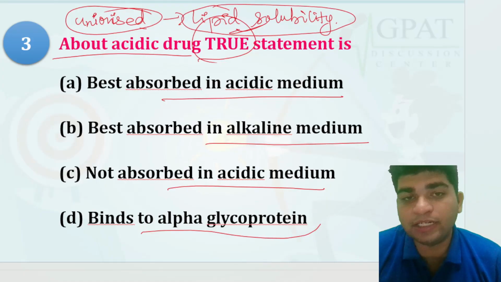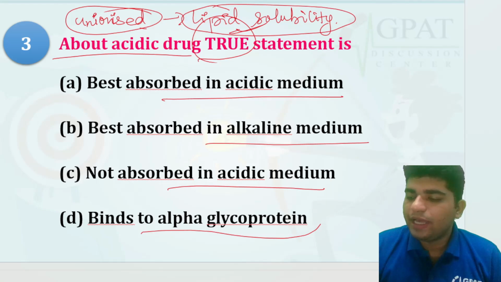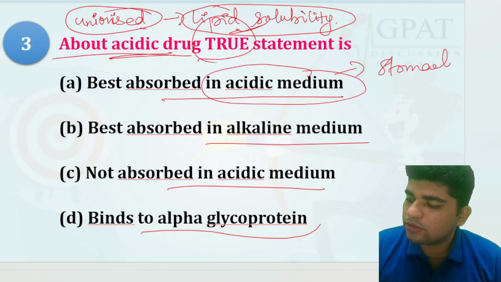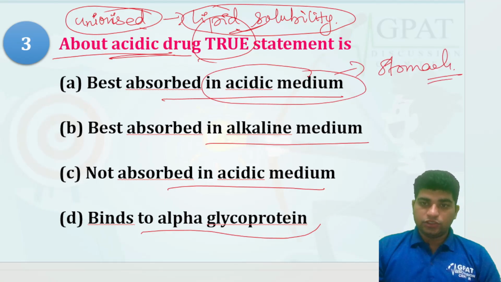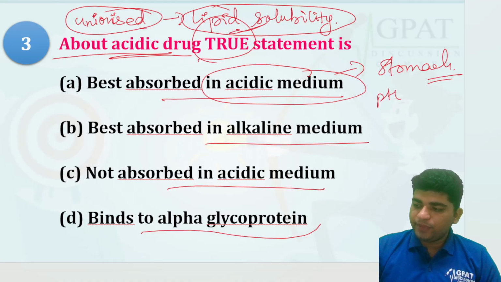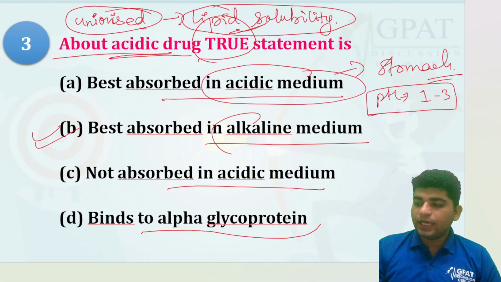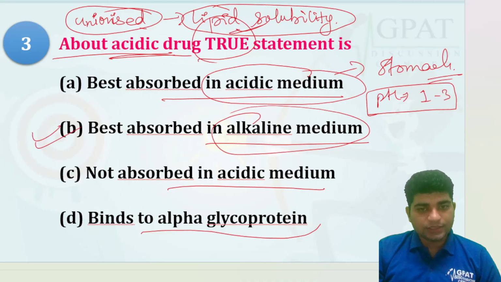Increase the lipid solubility, and the absorption will increase. So an acidic drug will be absorbed in the acidic medium, that is in the stomach, which has a pH of 1 to 3. Okay. Weakly basic drugs are absorbed from the alkaline medium, that is in the small intestine. Not absorbed: there is no value to this statement.